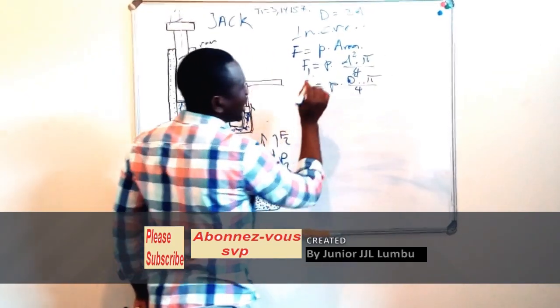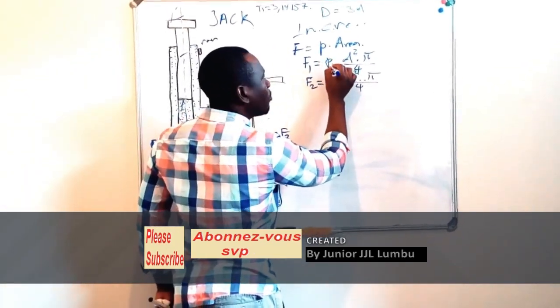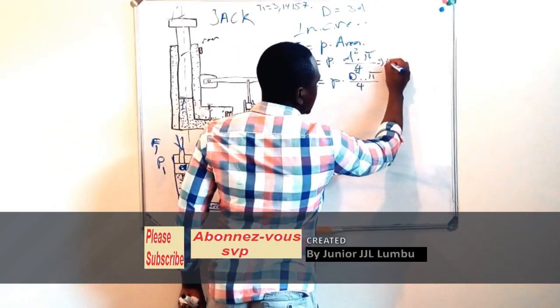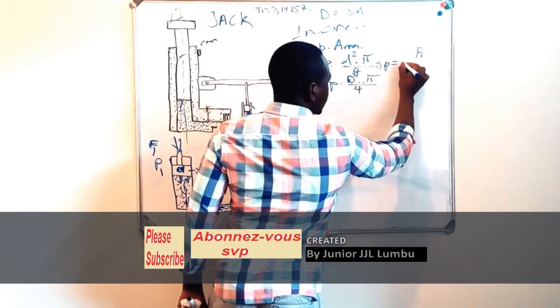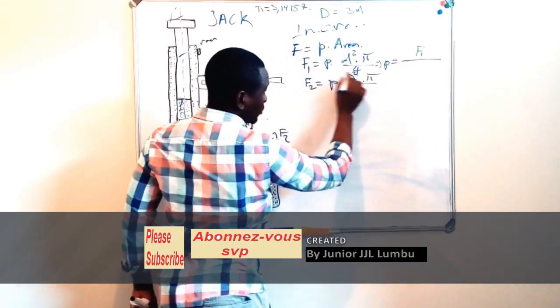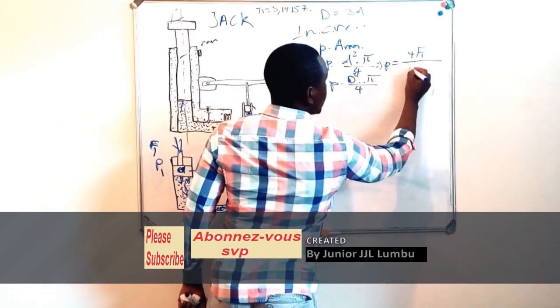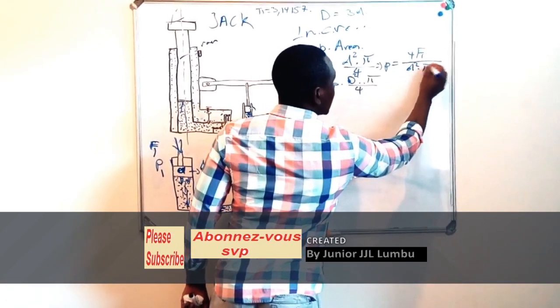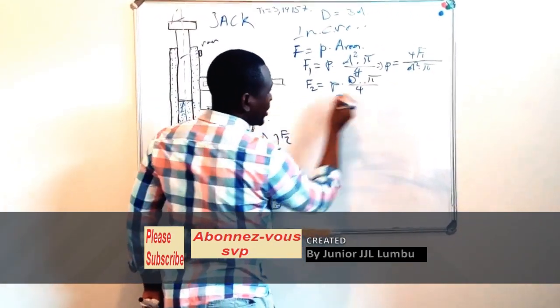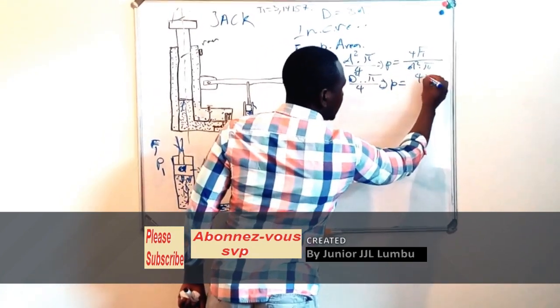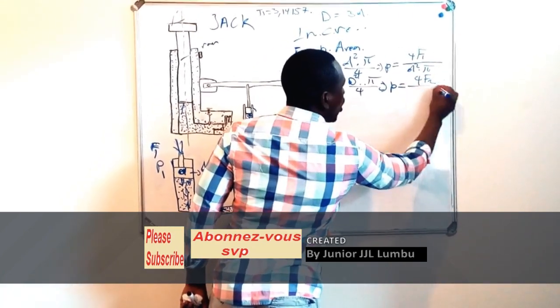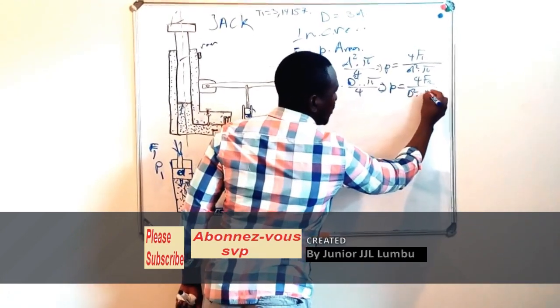If I want to get the pressure here, P will be equal to force 1 times 4 over d squared times pi, and on this side P will be equal to the same thing, force 2 over big D squared times pi.